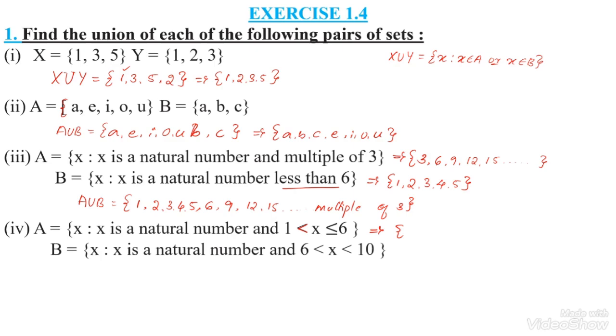Between 1 and 6, I have taken 2, 3, 4, 5 and I have written 6. Here 6 is included, because according to intervals, less than or equal to means the number should be included.